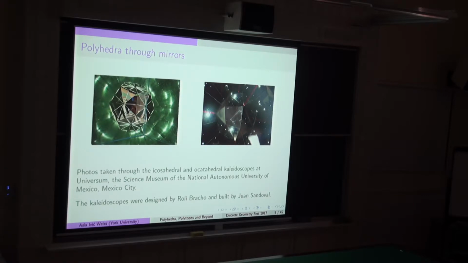They were made by an artist, Juan Sandoval, and designed by the mathematician Rolly Braccio. I took these pictures looking through one of the windows of the kaleidoscope, and you can see here the people walking in the museum. You can see in the background, in fact, the beautiful tiles, also made by Juan Sandoval.